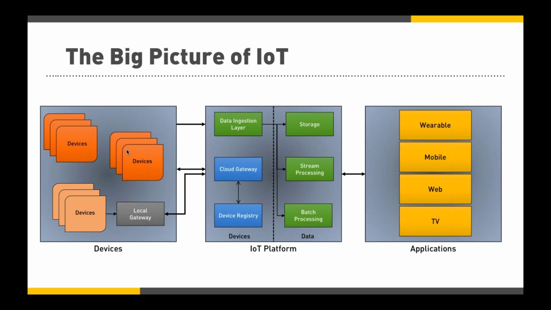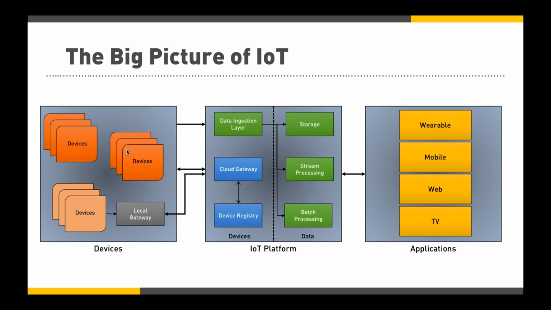And once the devices get authenticated and authorized, they start ingesting the data, and the data can get stored before it goes through stream processing for hot path analytics, batch processing for cold path analytics, and finally it gets visualized in the application tier through one of the applications. And we can also command and control the devices from the application tier. And we have seen all these things happen from DreamFactory.